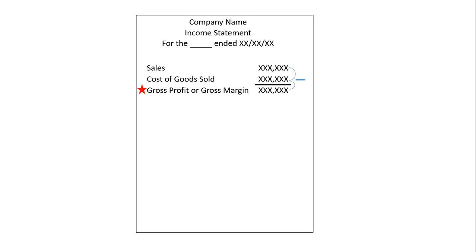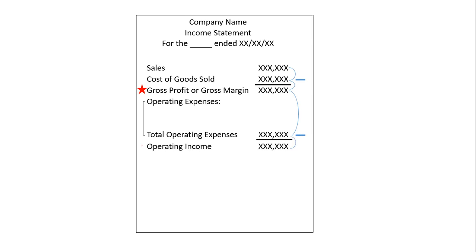Then use an operating expense section for all of our remaining expenses except for interest expense, losses, and income tax expense. Gross profit minus total operating expenses gives us maybe the most important subtotal of all, operating income.